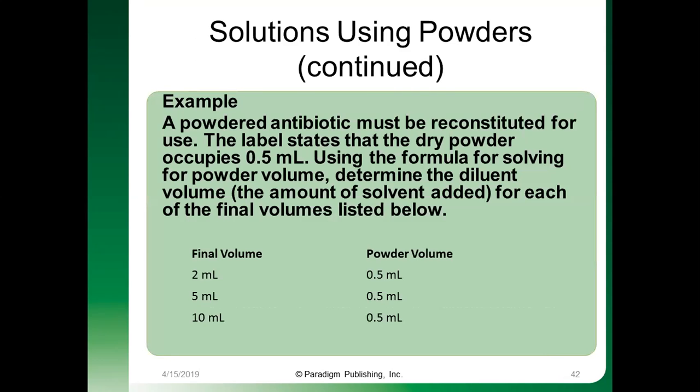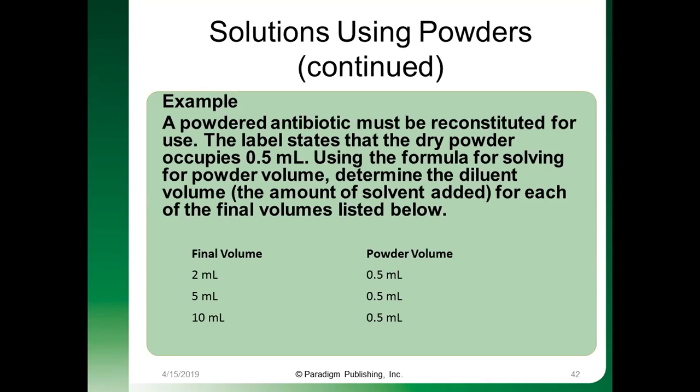So for example, a powdered antibiotic must be reconstituted for use. The label states that the dried powder occupies 0.5 milliliters. Use the formula for solving the powder volume to determine the diluent volume, the amount of solvent added, for each of the final volumes listed below.